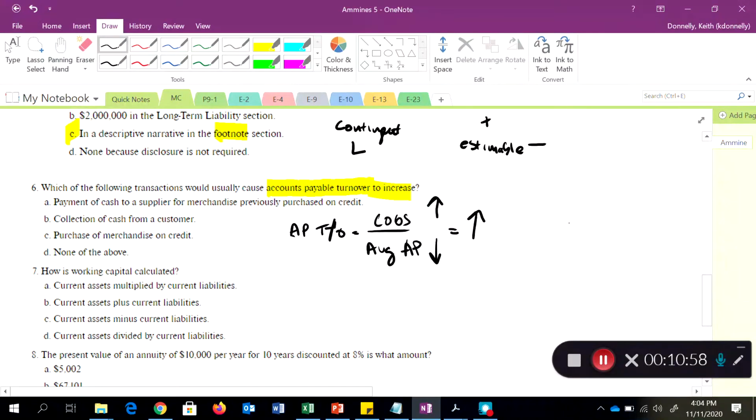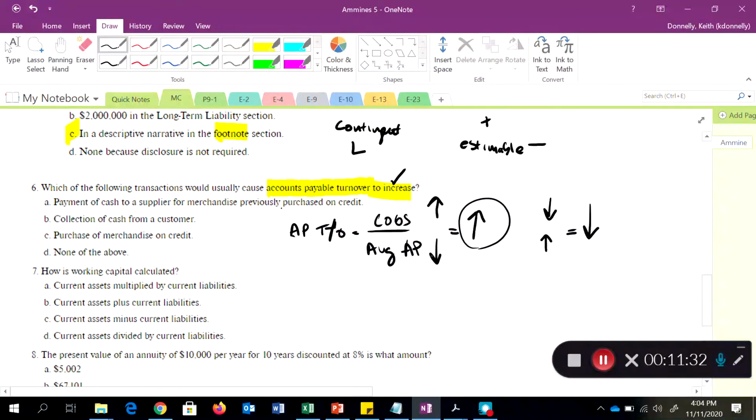If either of the opposite occurs, that is to say, if the numerator goes down or the denominator goes up, then the overall equation goes down, the ratio. So with that in mind, they want to know which of the following scenarios will cause it to increase. So we're looking for one of these facts right here that will make either our cost of goods sold go up or our average accounts payable go down.